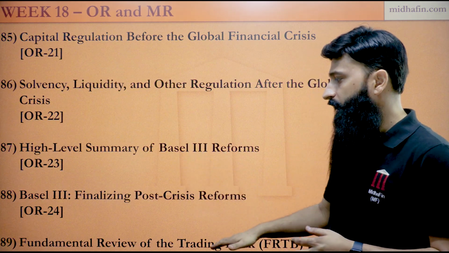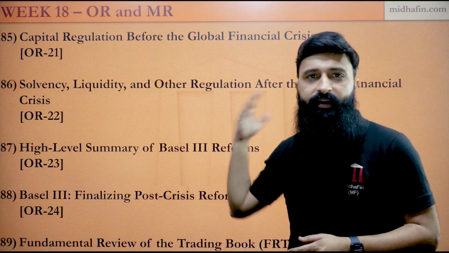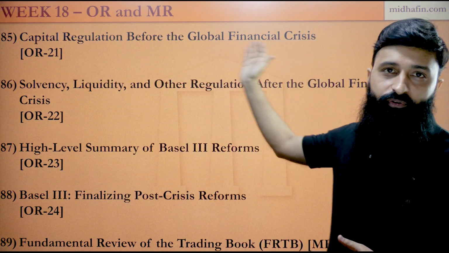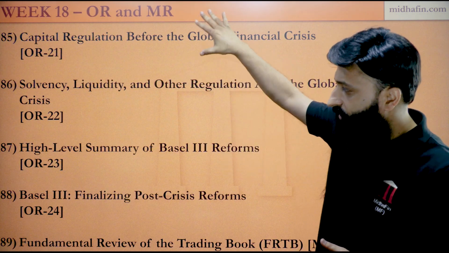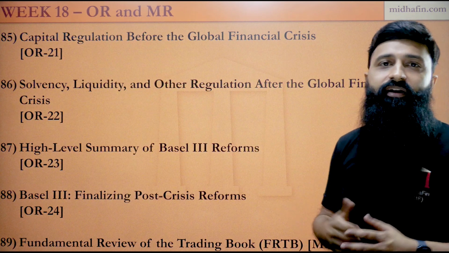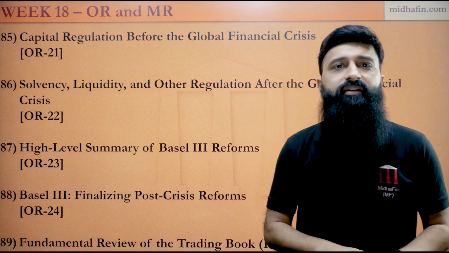All those things are covered in FRTB. So these chapters definitely are interconnected, right? They are giving you an overview of pre-crisis reforms first, and then logically progressing towards the Basel III reforms after the crisis. And FRTB is also very crucial for effective regulatory risk management.